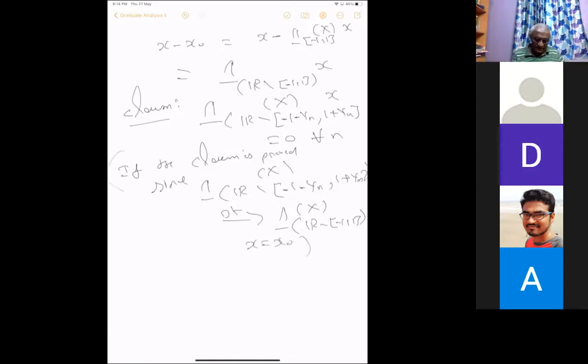So let us consider this claim. So what is this claim? 1 on R minus the interval from minus 1 minus 1 by n. So this is just 0 minus this, 0 plus this. And let us take this acting on x.